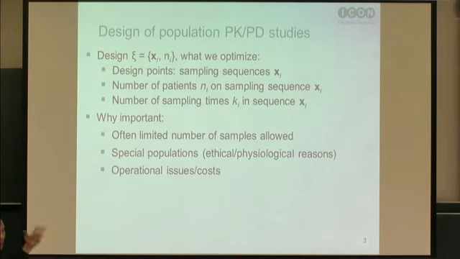And obviously there are operational issues and there are costs. I won't be talking about costs, but I know that Valery probably will touch upon cost-based design, and the nice thing is there is a way to incorporate costs in the standard optimal design paradigm.